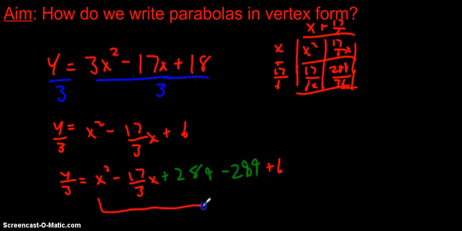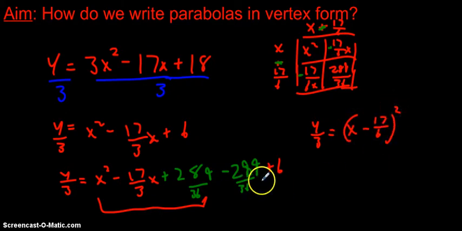And these three terms, oh wait, I'm sorry, those are supposed to be negative. These are all supposed to be negative. So all those are negative. So that makes that x minus 17 over 6 squared.